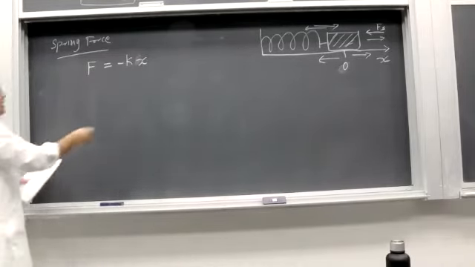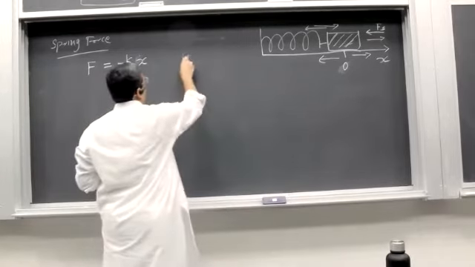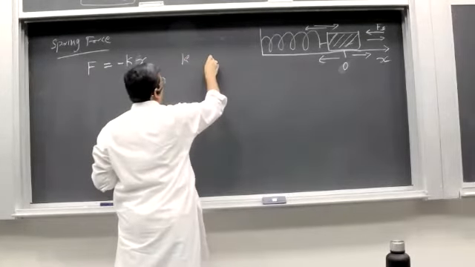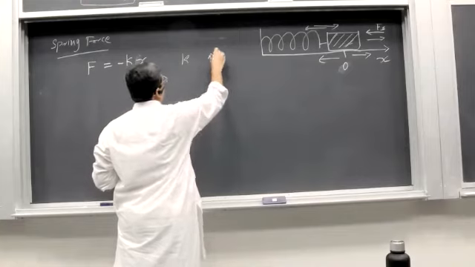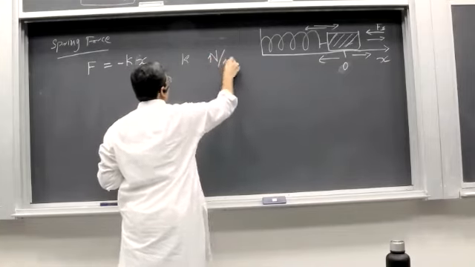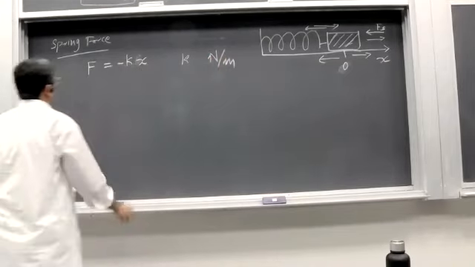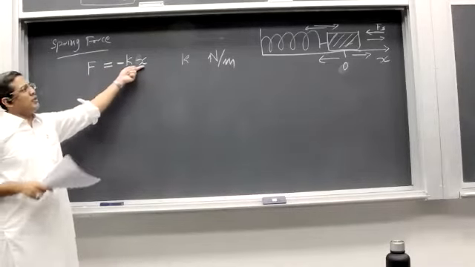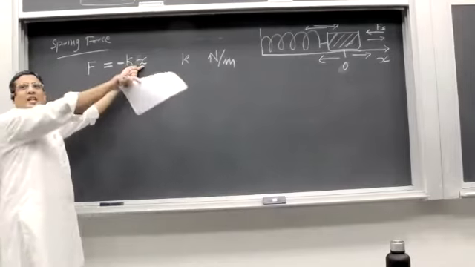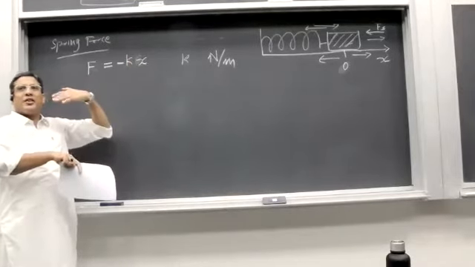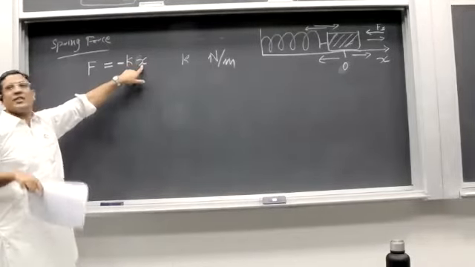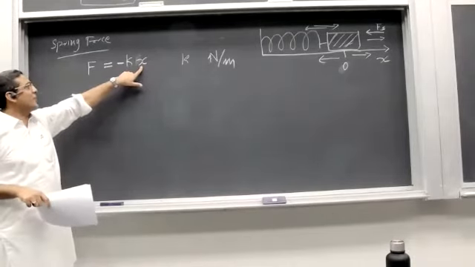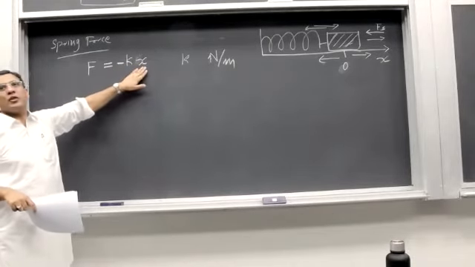And k is the spring constant with units of, anyone? Newtons per meter? Yes. The minus sign indicates that if x is positive, the force is in the negative direction, and if x is in the negative direction, the force is in the positive direction, and it is linearly proportional to the displacement.